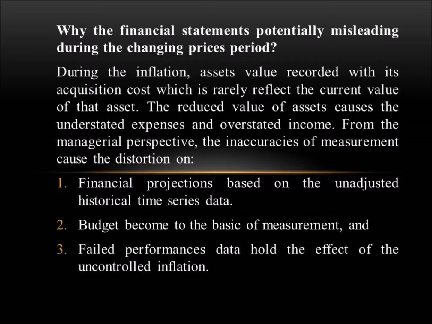From the managerial perspective, the inaccuracies of measurement cause distortion in: 1. Financial projection based on unadjusted historical time series data. 2. Budget becoming the basis of measurement. And 3. Failed performance data holding the effect of uncontrolled inflation.